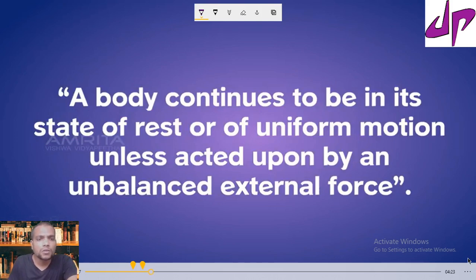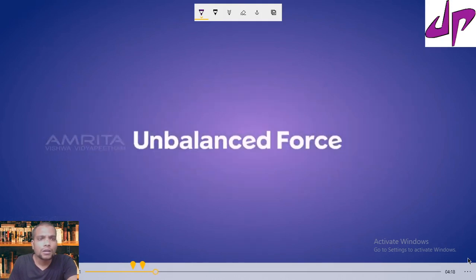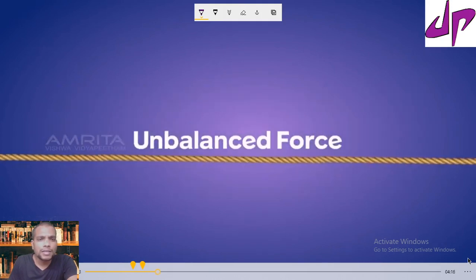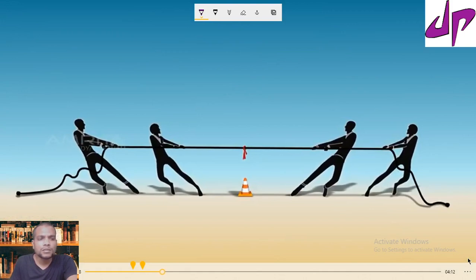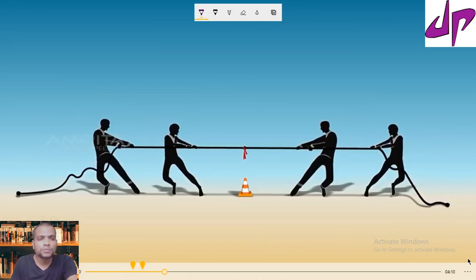So from this law, we need to understand more about the unbalanced force. We can take the example of tug of war here. If you can see, the two teams are applying force.